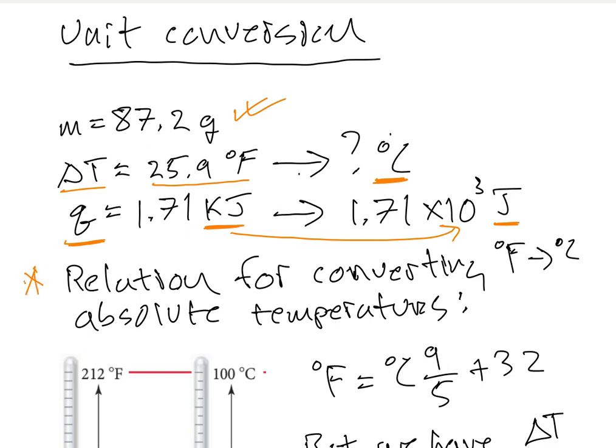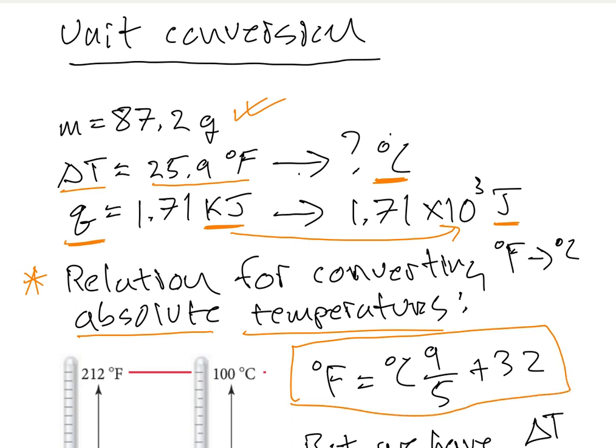So hopefully, once you realize that you have to carry out a unit conversion involving temperature, you'll no doubt recall the relationship for relating different absolute temperatures and from degrees Fahrenheit to degrees Celsius. So that's this relationship at the bottom of the screen right here.